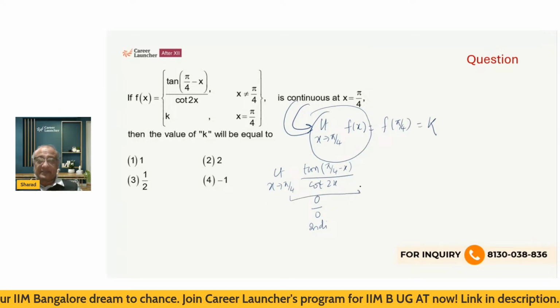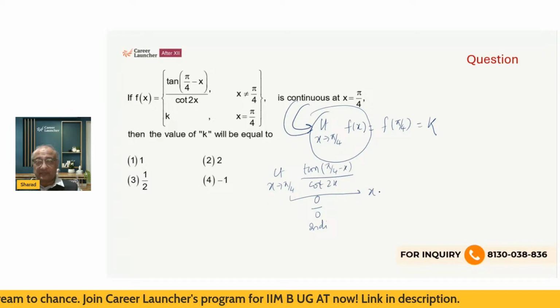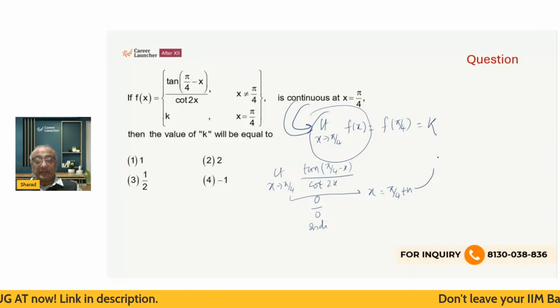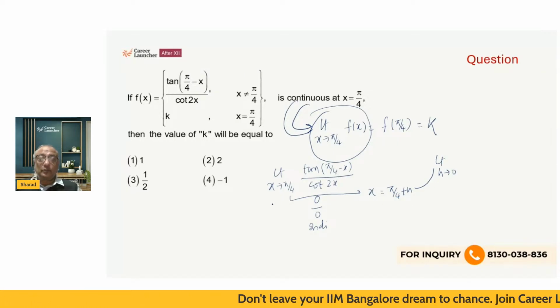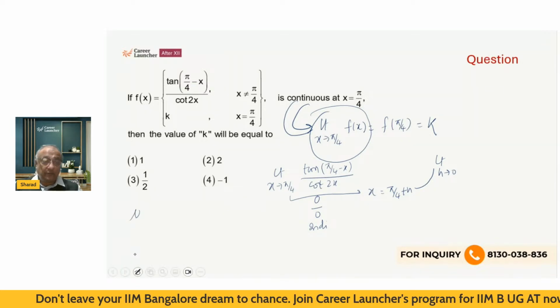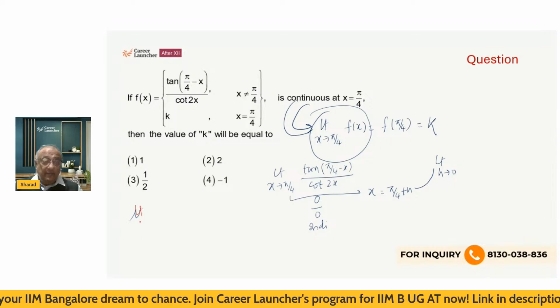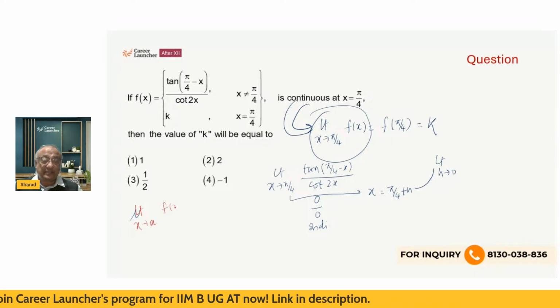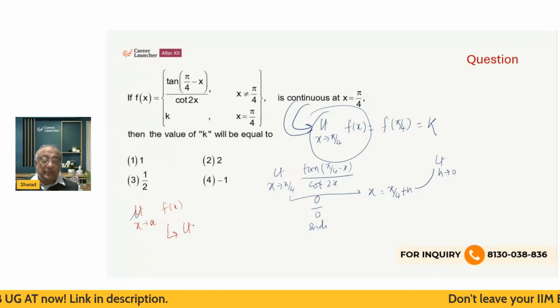Always this is the first step, the transformation that I have told you. In that I'll put x is equal to pi by 4 plus h. I've told you in right hand limit now. That's how I will do, and I'll put h tends to 0. So this is a trick, I will put it in red: if limit x tends to a, if nothing is working out for you, please try this, especially in case of trigonometric, exponential, logarithmic functions.